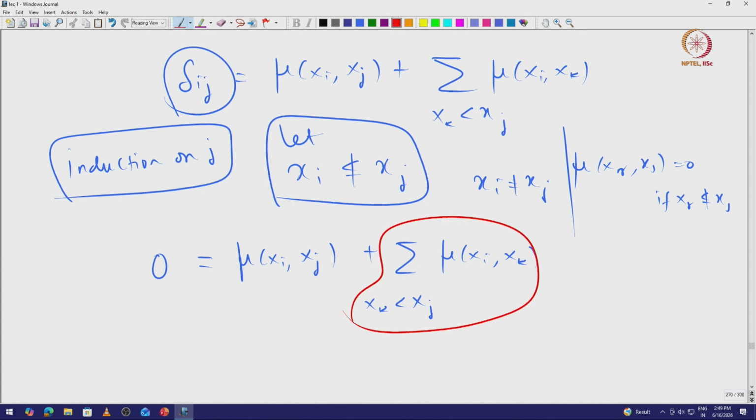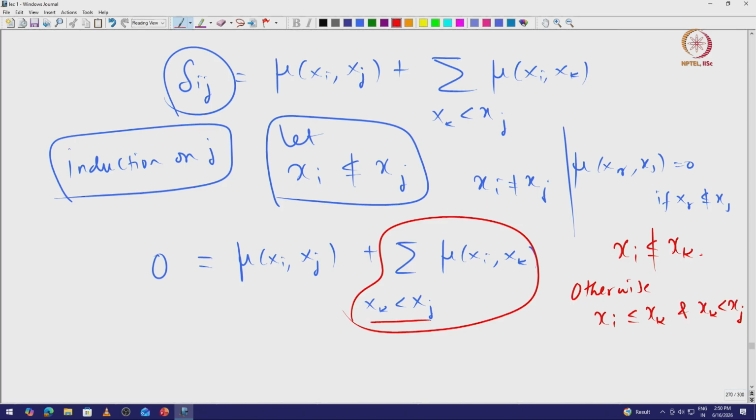To prove that part is 0, we need to say that x i is not comparable with x k. What happens otherwise? Otherwise, we would have x i less than or equal to x k, but we already have that x k is less than x j.